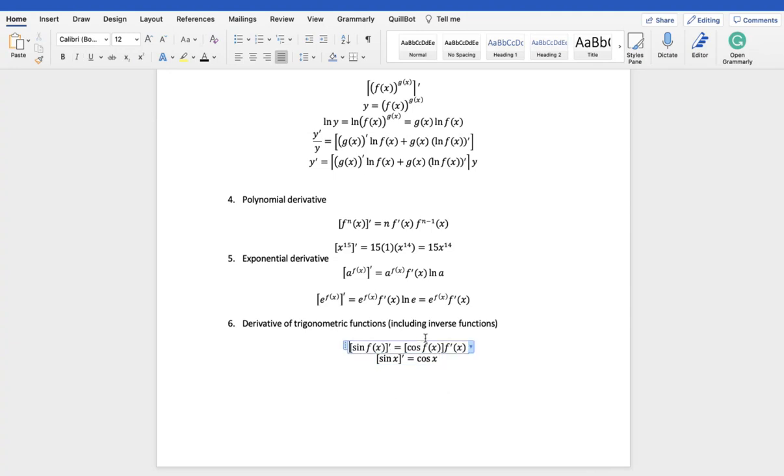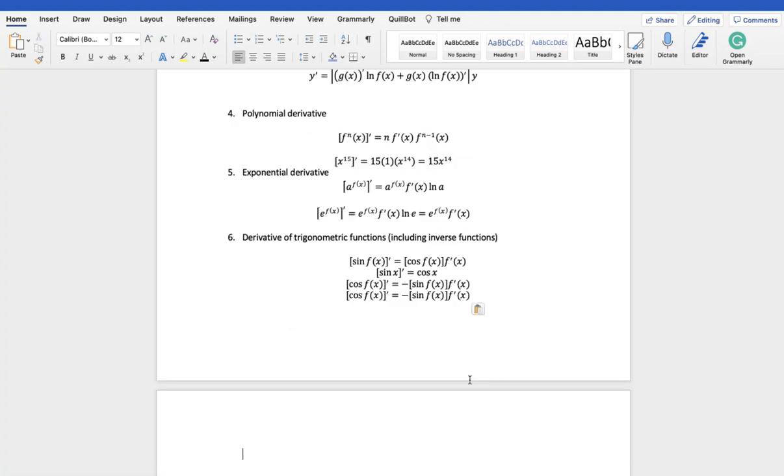Now let's look at what happens if instead we have the general form of the derivative of cos of f of x. Remember, the derivative of cos is negative sine, so it's equal to negative sine of f of x multiplied by the derivative of f of x.